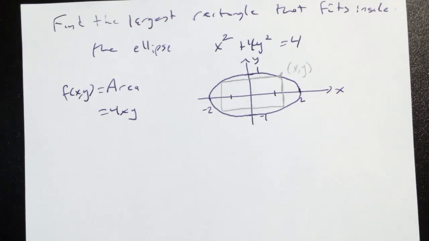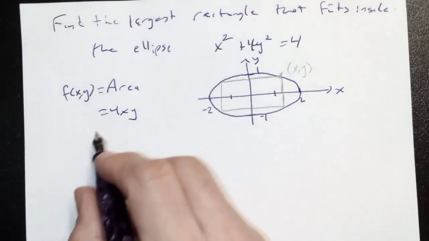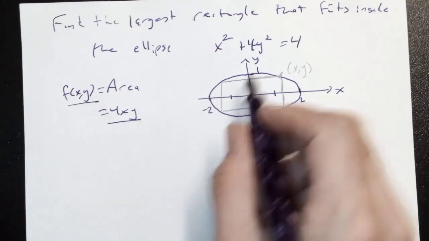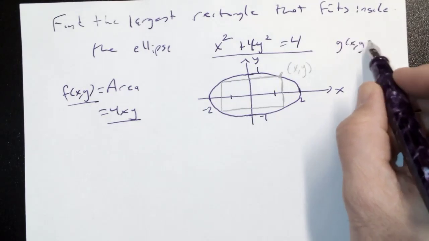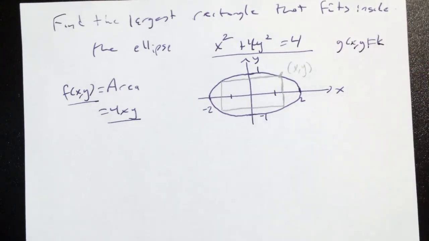In order to use Lagrange multipliers, what I need to do is take 2 gradients and then write up 3 equations in 3 variables. Remember, that's my constraint up there, being on the ellipse.